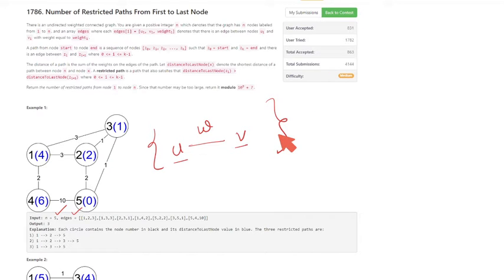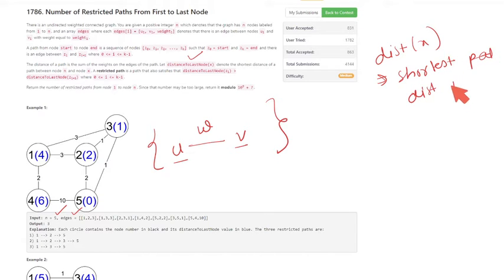Apart from that, there are certain definitions given. The first definition is distance to last node x. Instead of calling it that, let us call it dist of x, or d of x. It is nothing but the shortest distance from the last node. It's quite simple.